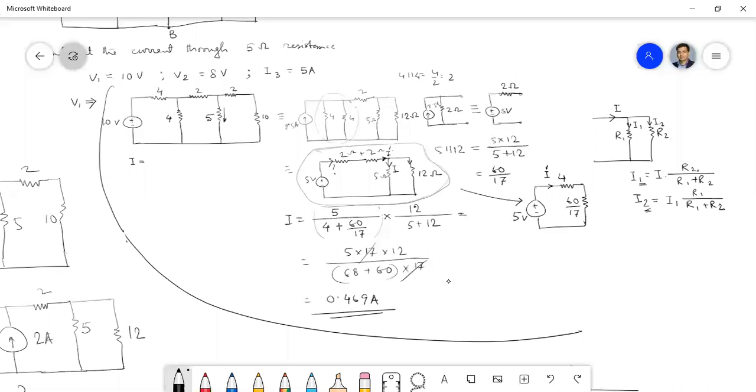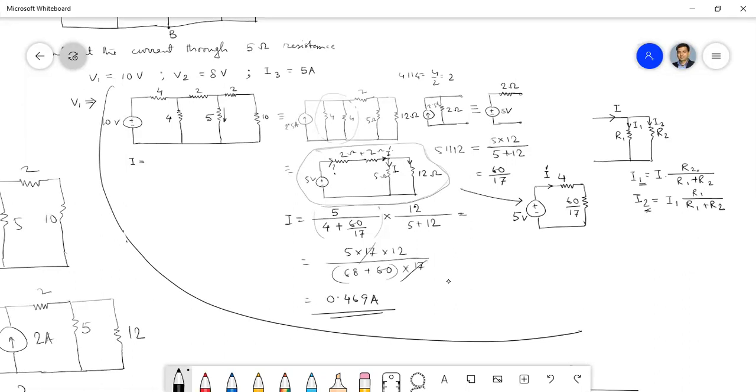But you only have to see whether the voltage source is in series with the resistance and the current source is in parallel with the resistance. If it is, then it is easy to handle.